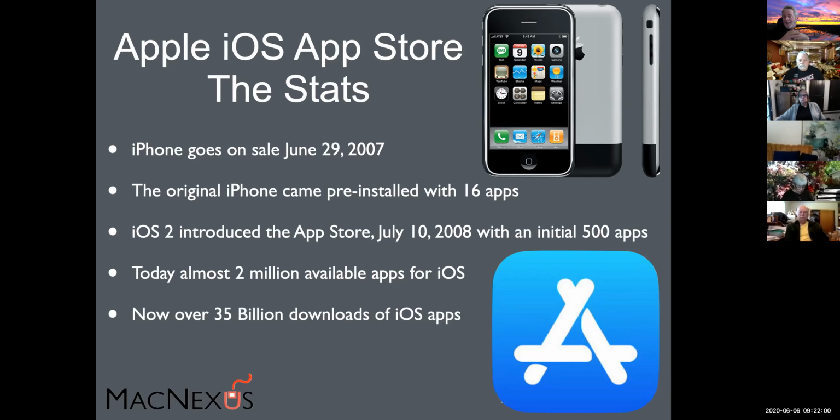And then, of course, the iPod app was what we call iTunes now, or the Music app. It made the phone the best iPod ever. So again, it came installed with 16 apps.